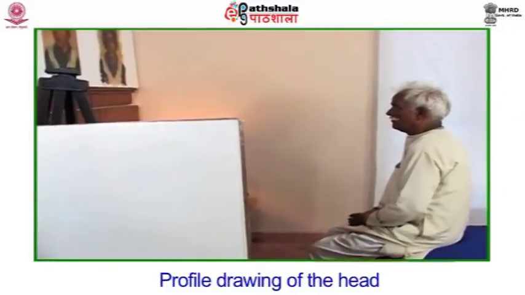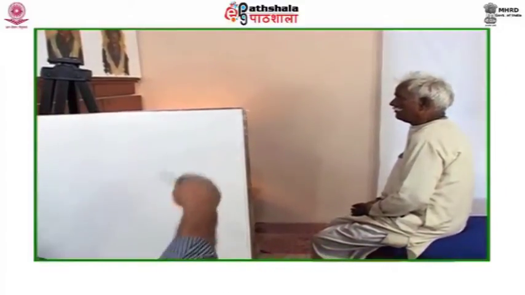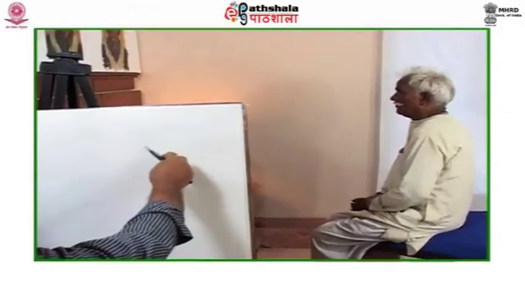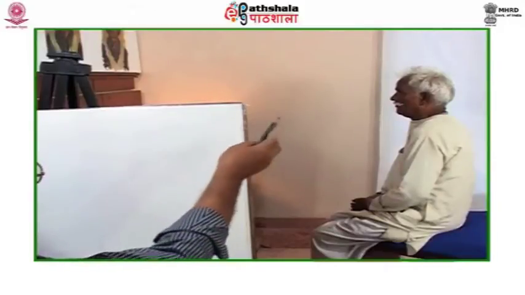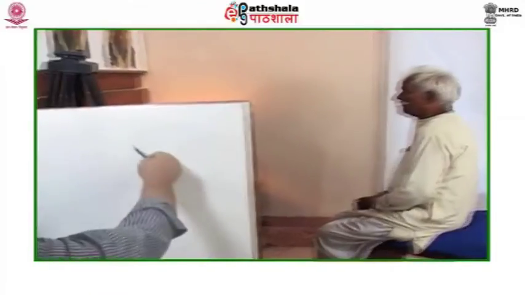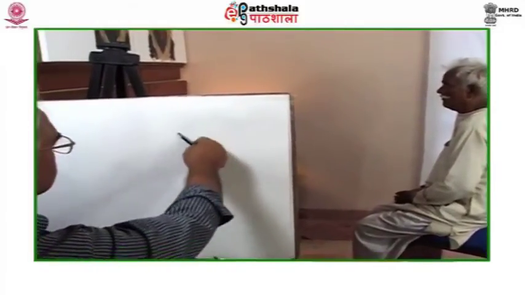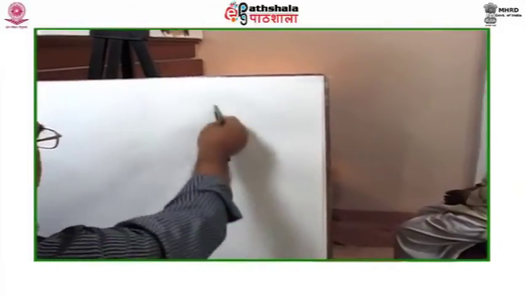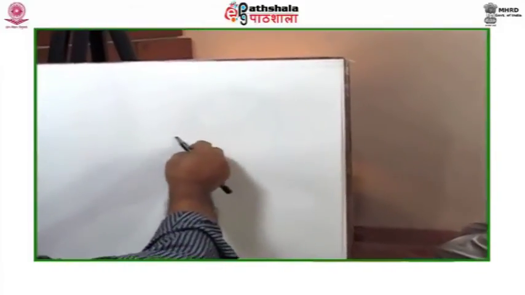Let me demonstrate a profile drawing of the head by using our first model sitting sideways. The basic rules remain the same. Draw the oval form of the head and make the lines to place the facial features.